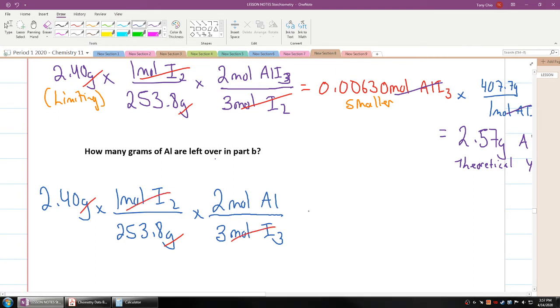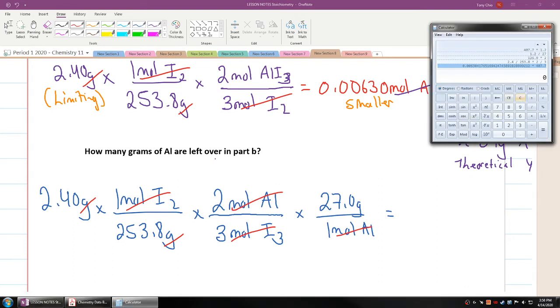Our last step is now to multiply these moles of aluminum to the mass of aluminum. So we're going to multiply by its molar mass, which is 27 grams over 1 mole of aluminum. Once we cancel this out, we're going to get the mass of aluminum that gets used up if we react 2.4 grams of iodine.